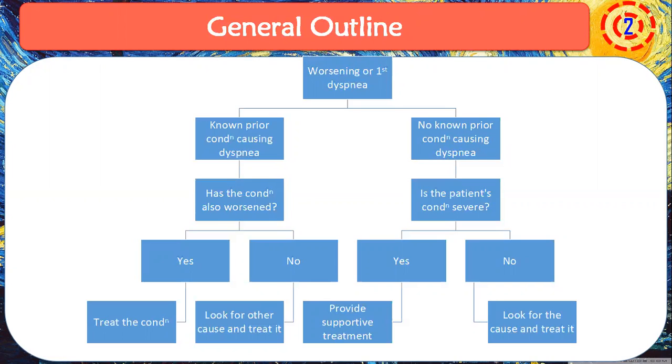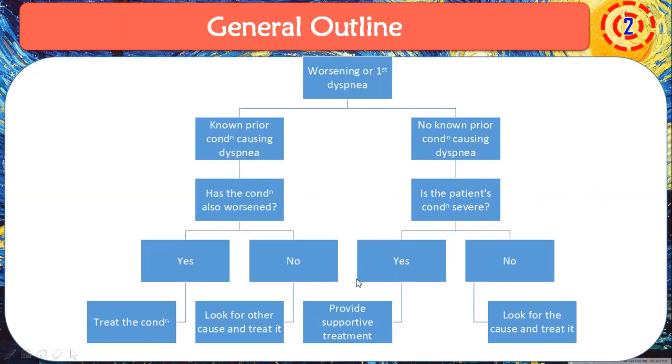The answer to this question might be either yes or no, and it is usually seen by eliciting the vital signs. If the vital signs are stable, then we consider that the patient is not severe, and if they're not stable, then we consider that the patient is severe. However, this might vary according to the condition.